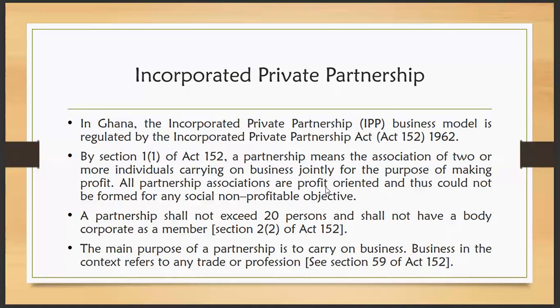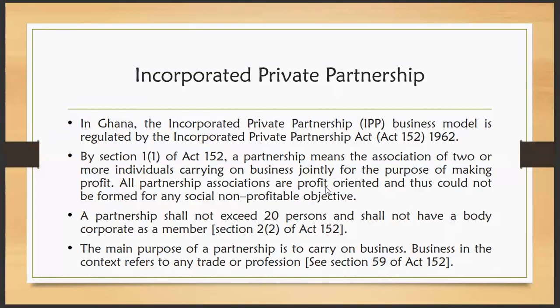The governing legislation is the Incorporated Private Partnership Act, 1962, Act 152. According to Section 1, subsection 1 of that legislation, a partnership is defined to mean the association of two or more individuals carrying on business jointly for the purpose of making profits.